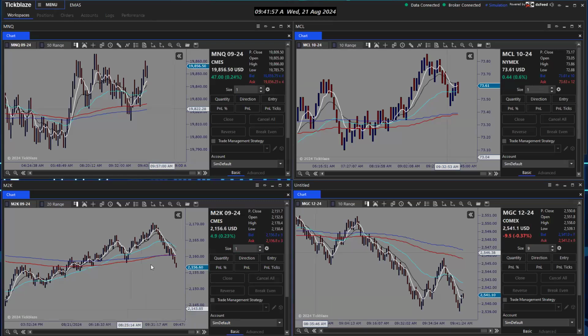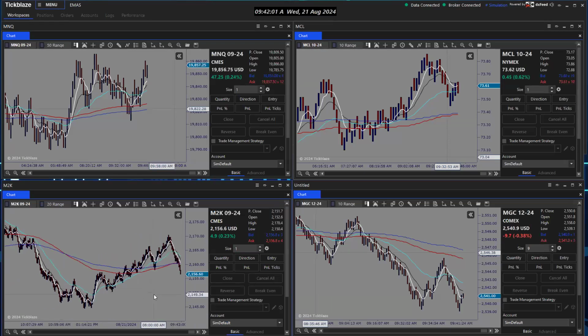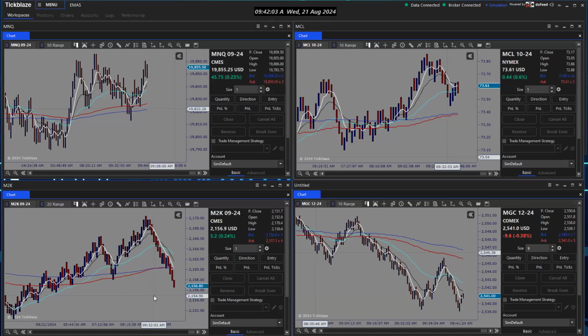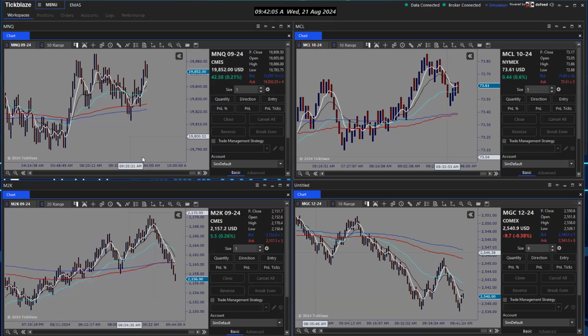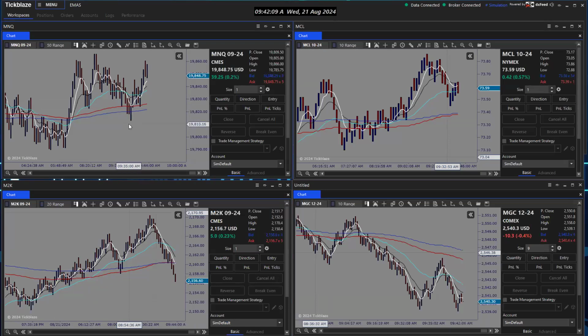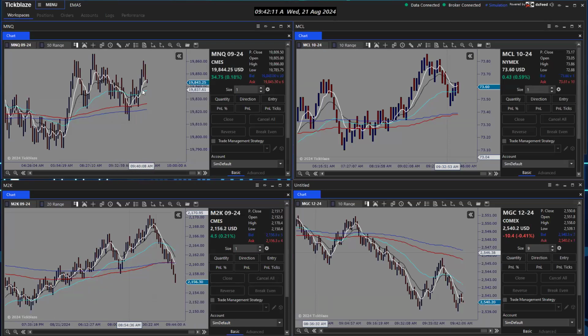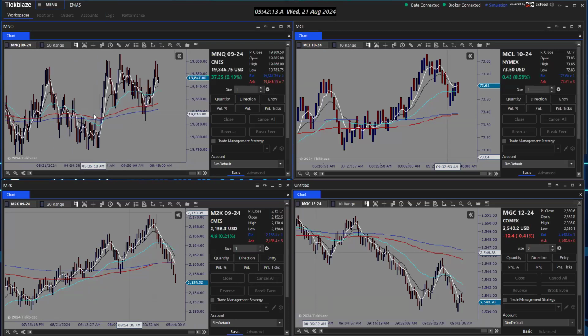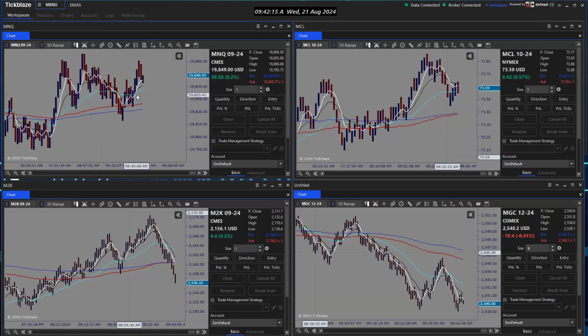Interesting. So M2K barely got above long enough to squeeze these EMAs together, and now it's breaking back down. Took a long, it overshot a little bit. And this would have been the trend.